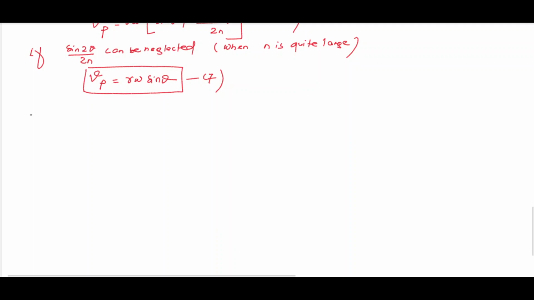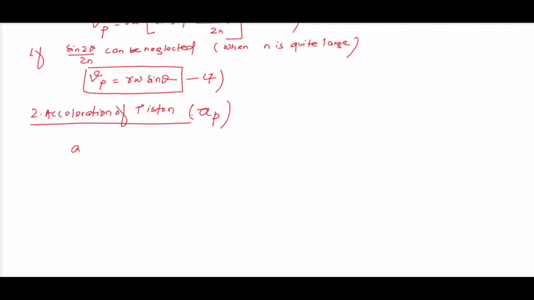Now let us find out the acceleration of the piston. Acceleration of piston can be denoted by symbol A subscript P. So this AP will be equal to dV by dt, and in terms of the angle, dV by d theta into d theta by dt.